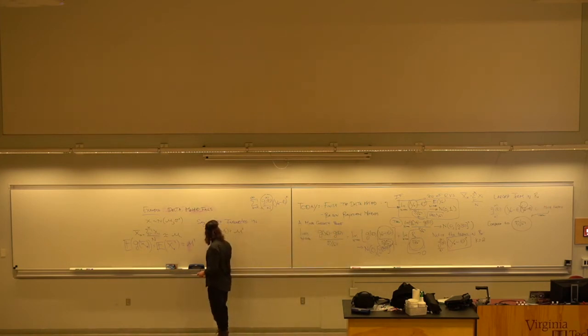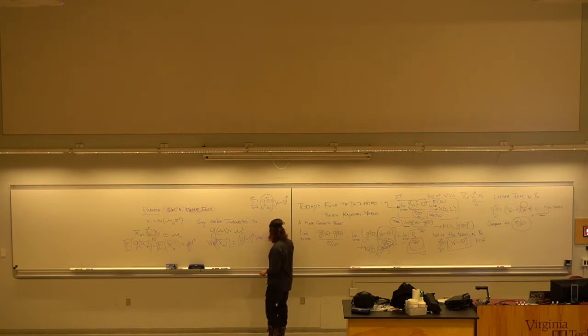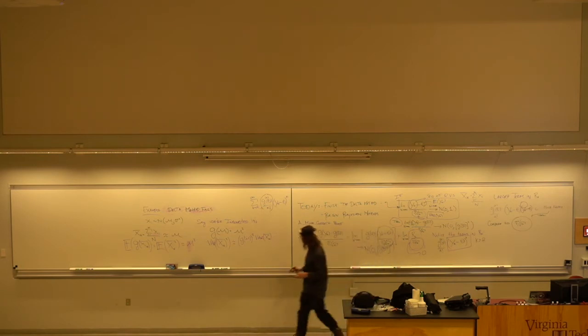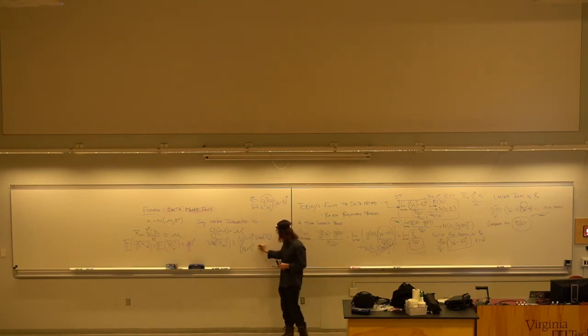So the variance of x bar squared is going to be approximately equal to g prime of mu squared times the variance of x bar n. We spent a couple lectures arguing this, at least one lecture. So the derivative of mu squared is 2 mu, squared, and the variance of x bar is sigma squared over n.